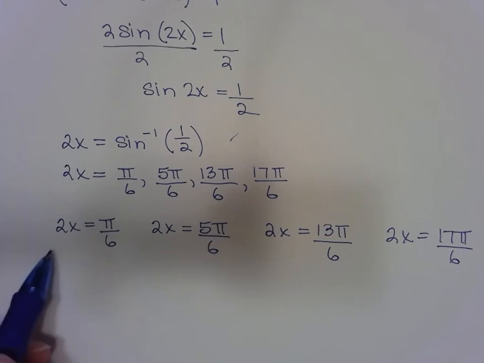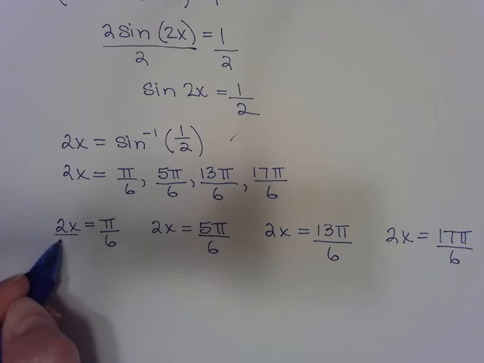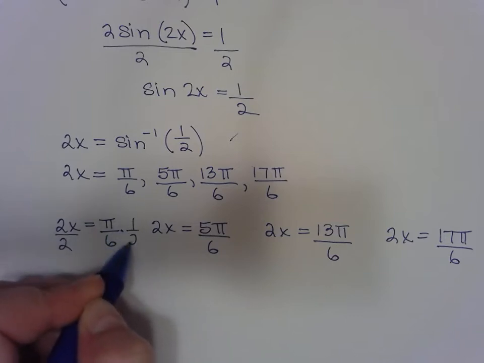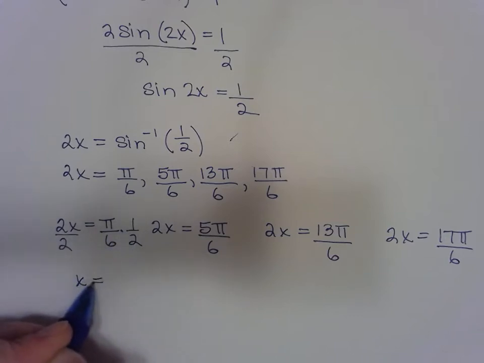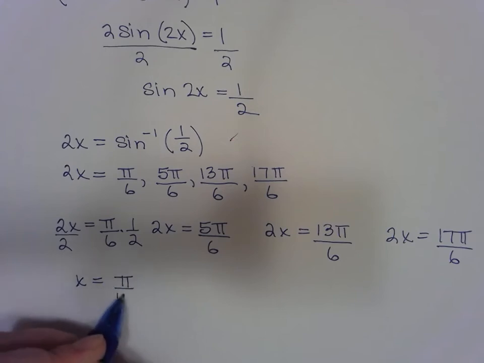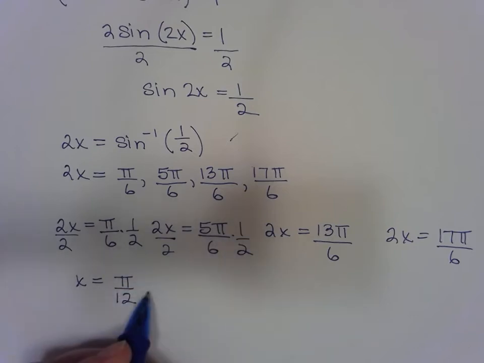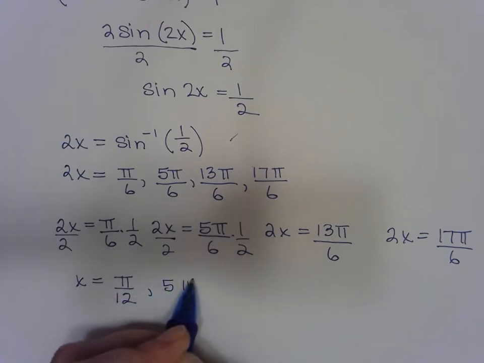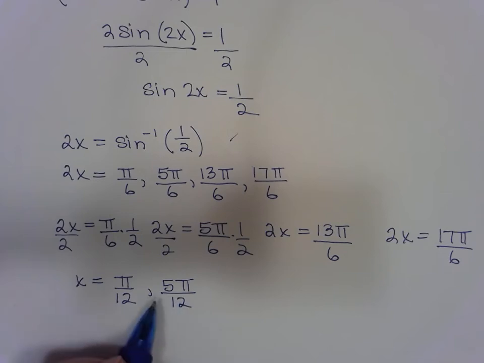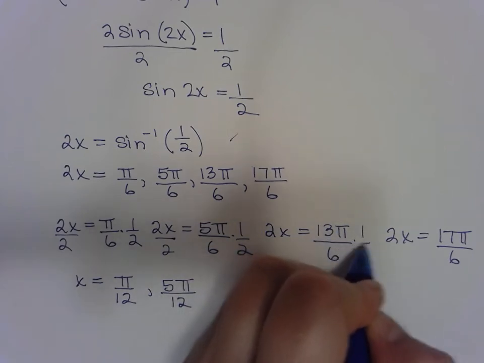Okay, now I'm going to divide both sides by 2. Dividing by 2 is the same as multiplying by 1/2. So I'm going to get pi over 12 for this one. I'm going to get 5 pi over 12. You can probably see the pattern here.